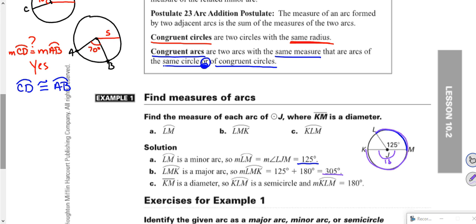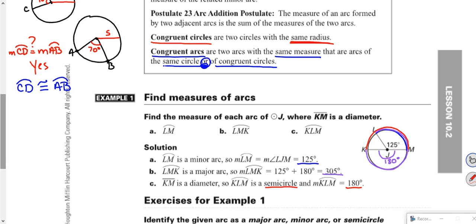I was going to do 360 minus 55, but either way. KM is a diameter. Oh, so now we're doing KLM, sorry. So KLM, we're starting at K, we go around L, and we end at M. KLM is a semicircle, so it's 180 degrees.